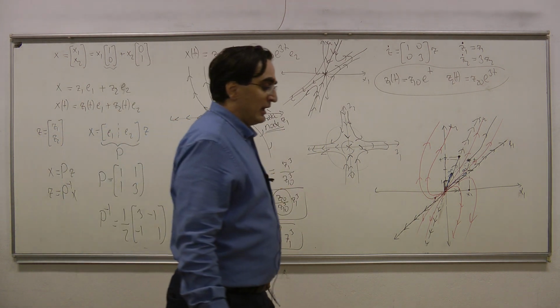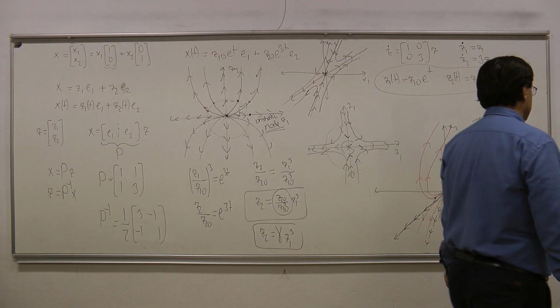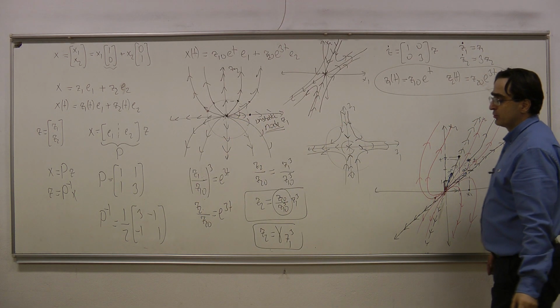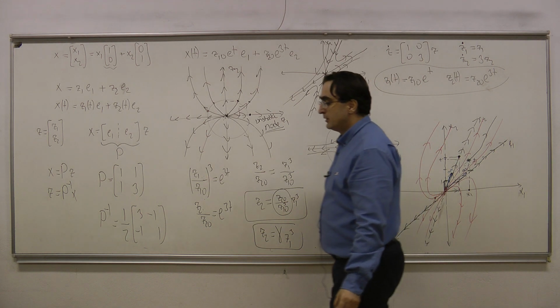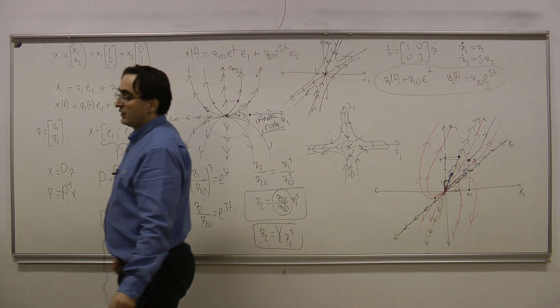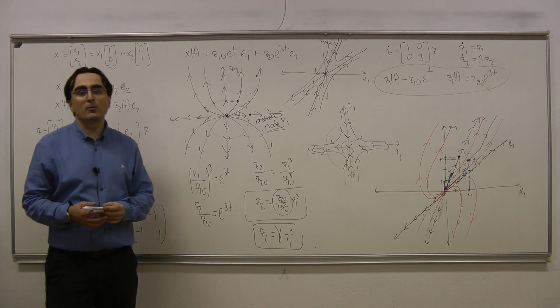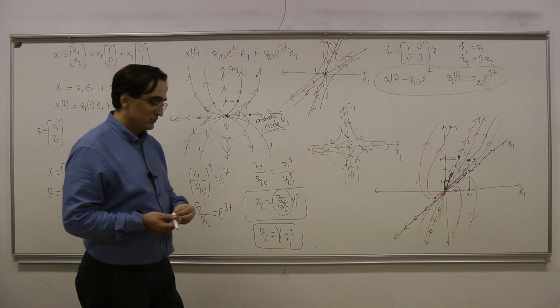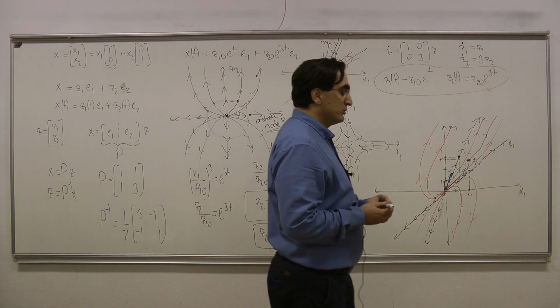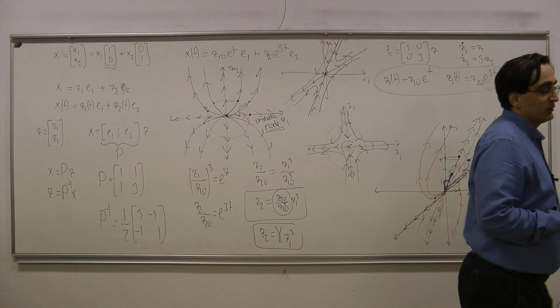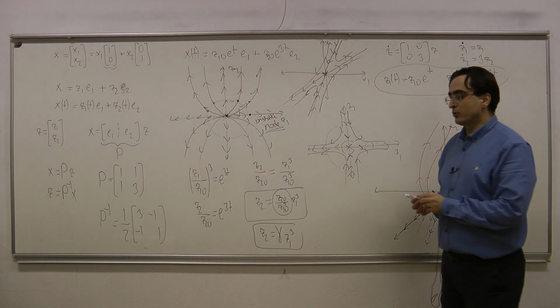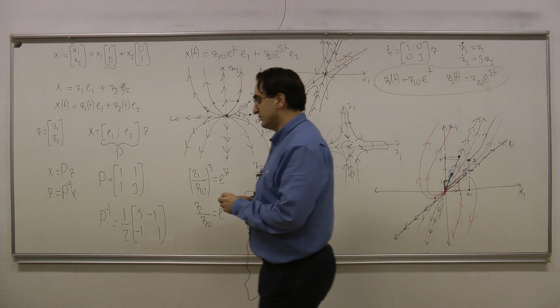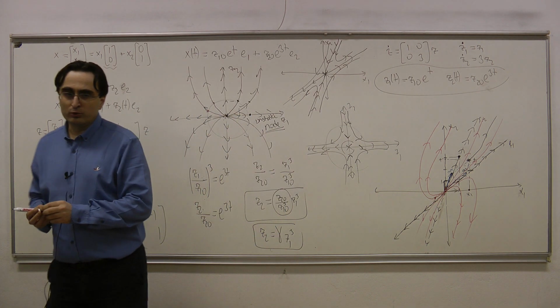And in the coming lectures, we are going to have a third type of equilibrium point and a fourth type. And these are going to be coming from the cases of complex eigenvalues. So we are going to have two different types of equilibrium points, which are called center and focus.